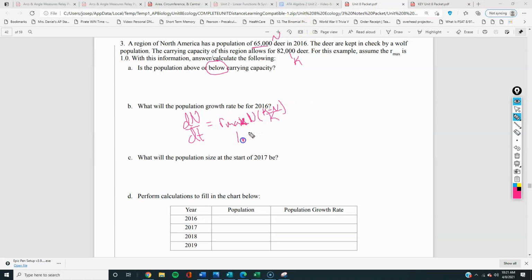Our R max is 1.0. Our population is 65,000. Our carrying capacity is 82,000 minus our 65,000, all over our carrying capacity of 82,000.